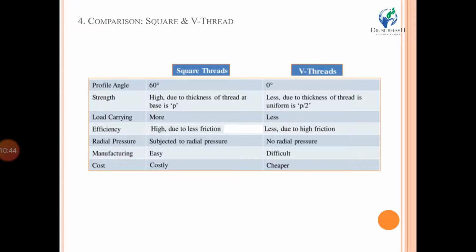Efficiency of square thread is a little more than that of V thread. Radial pressure is there, of course, in the case of V thread, whereas there is no radial pressure in square thread. Manufacturing is a little easy for V thread, as square thread needs special machinery. Cost-wise, square thread is more expensive than V thread.